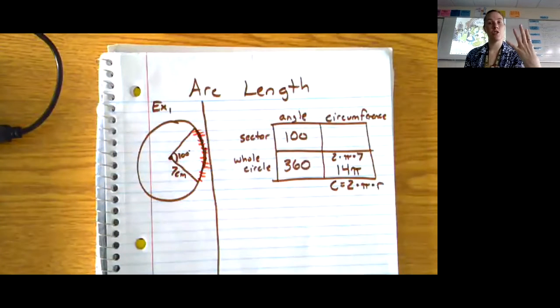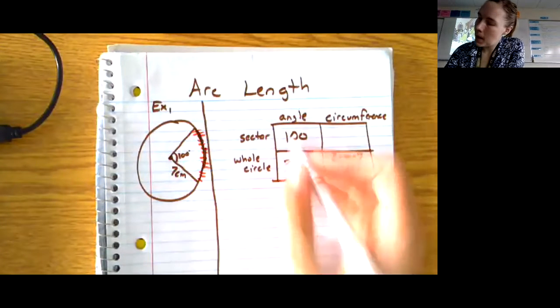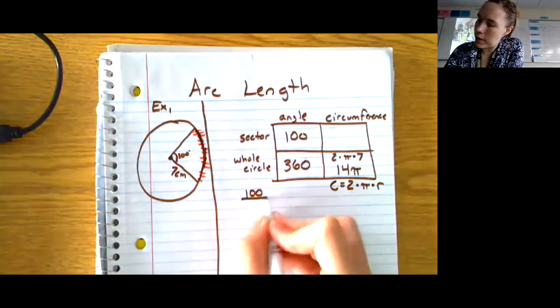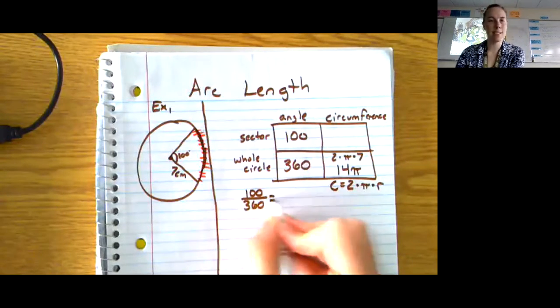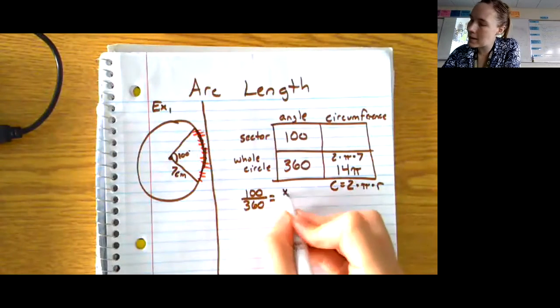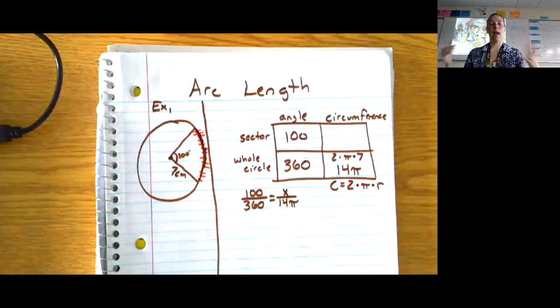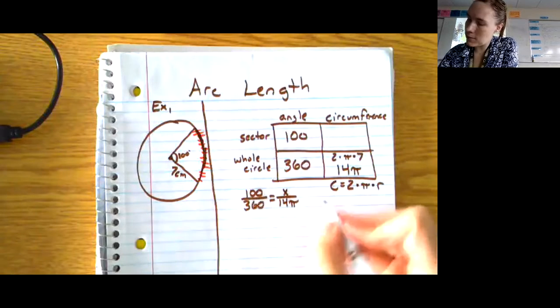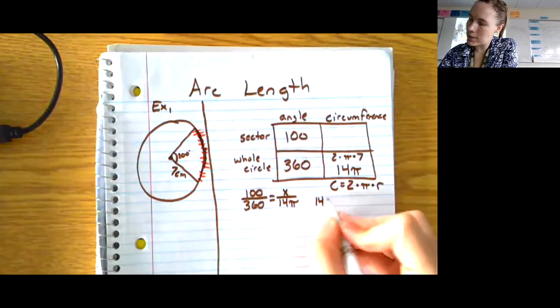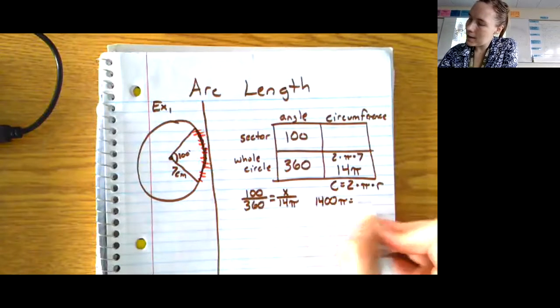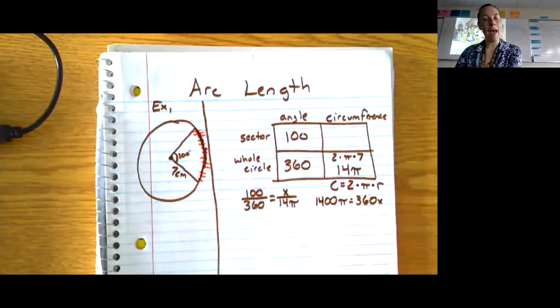So I do what I did yesterday, and I set up a proportion. So I have 100 over 360 equals x over 14 pi. And just like yesterday, we cross multiply. So 100 times 14 pi gives me 1400 pi equals 360x.